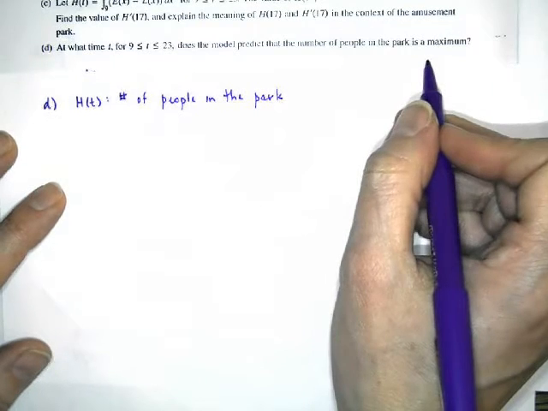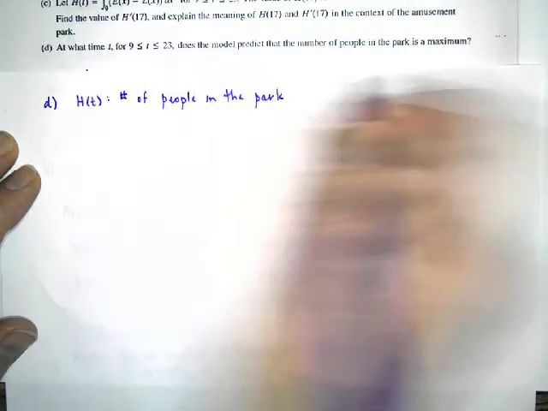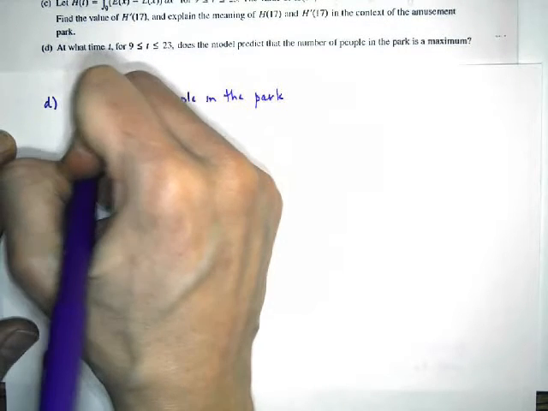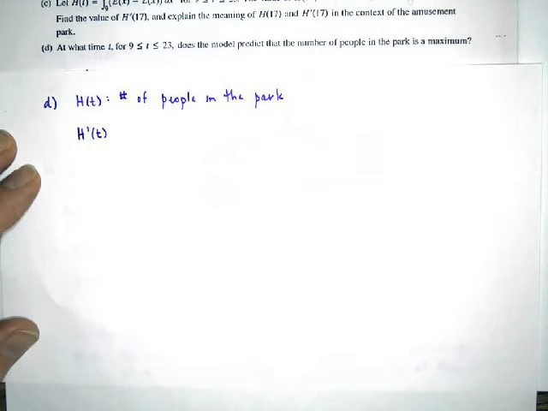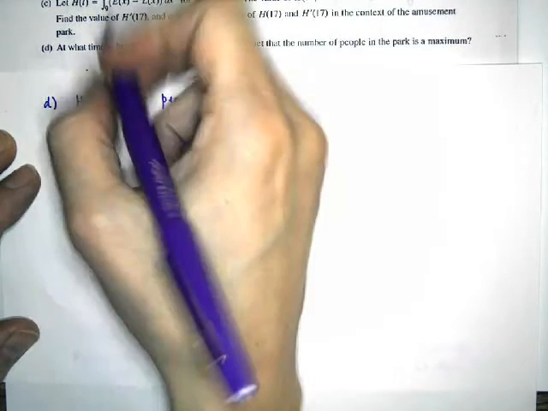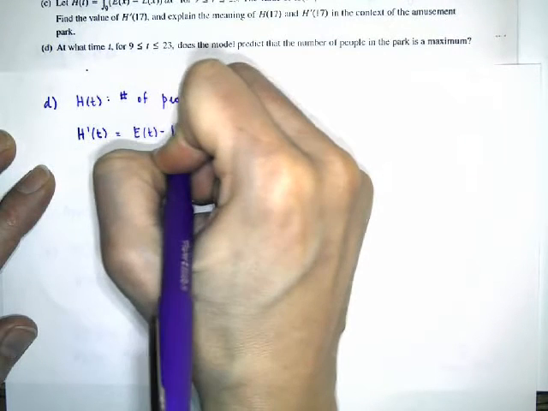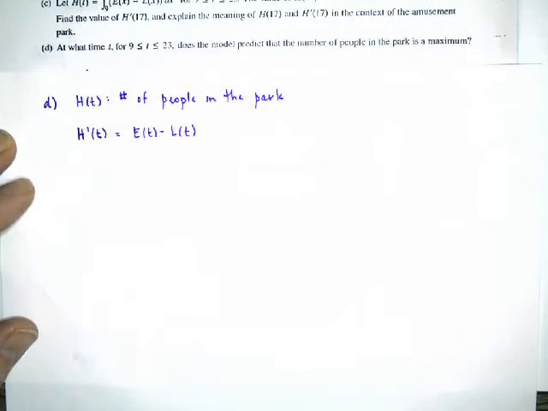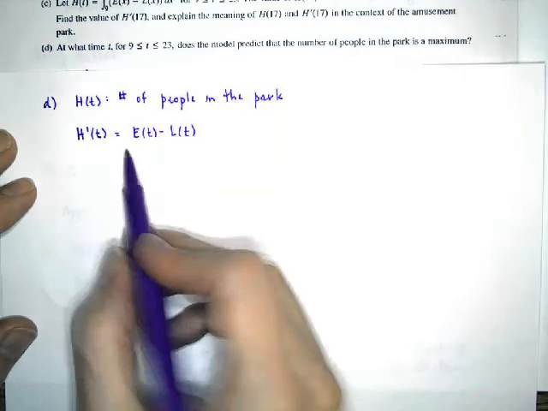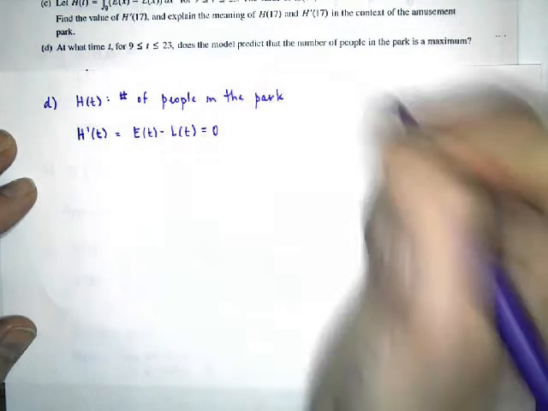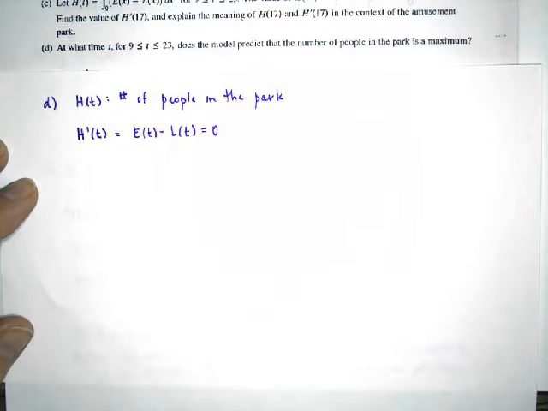So if I want to know where that's a maximum, I need to take that derivative, h prime of t, which we now know is E of t minus L of t. We found that by using the fundamental theorem. I need to set it equal to 0, and if I can do that, then I can get the time when the number of people in the park is a maximum. So again, we're going to go back to our calculator.